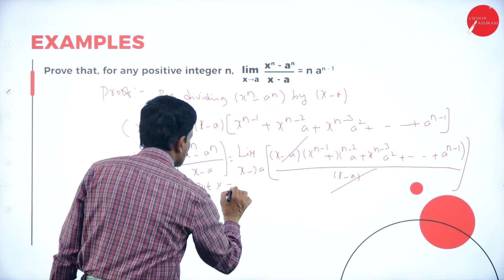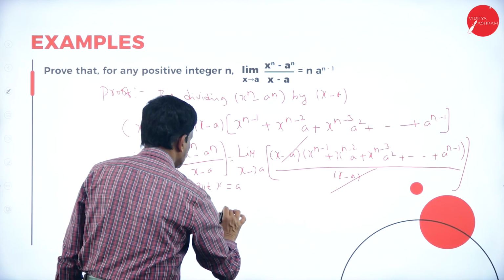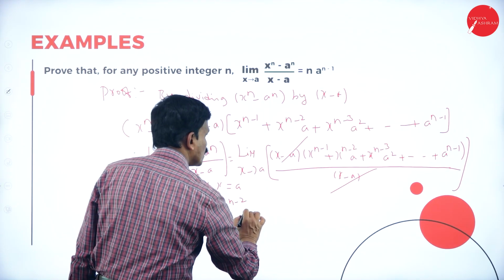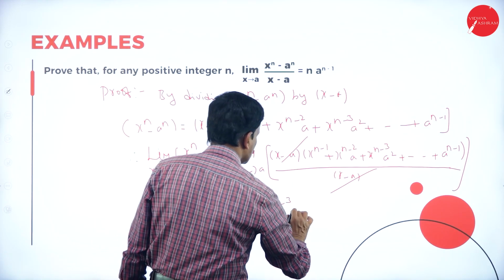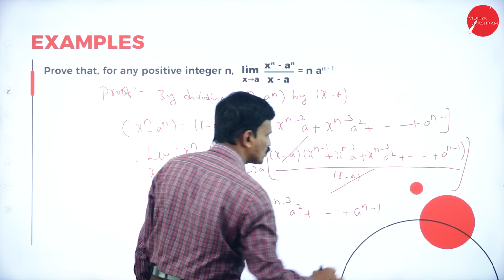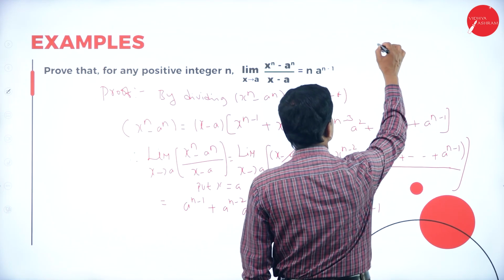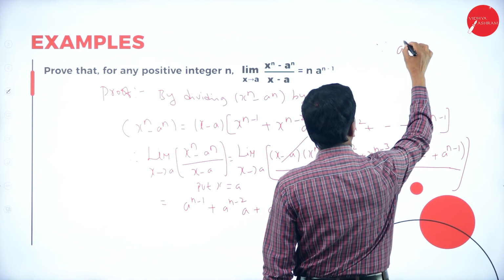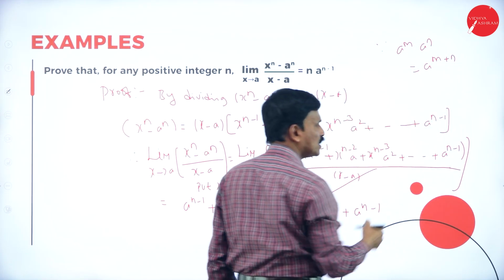If you put x is equal to a, then this becomes a to the power of n minus 1 plus a to the power of n minus 2 into a plus a to the power of n minus 3 into a square plus etc. The last term is a to the power of n minus 1. Now you know the law of indices. Using laws of indices, a to the power of m into a to the power of n is equal to a to the power of m plus n.